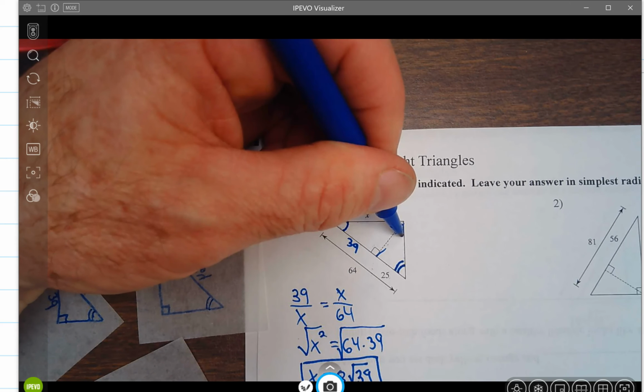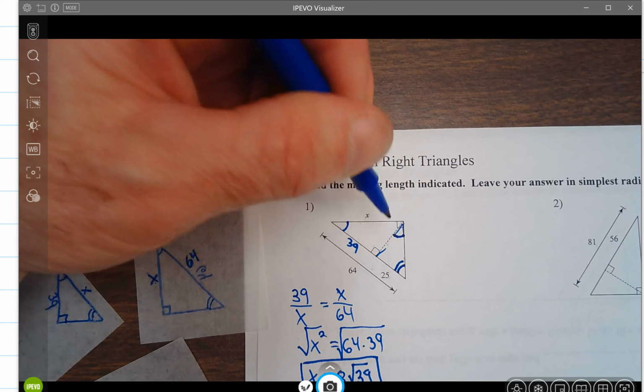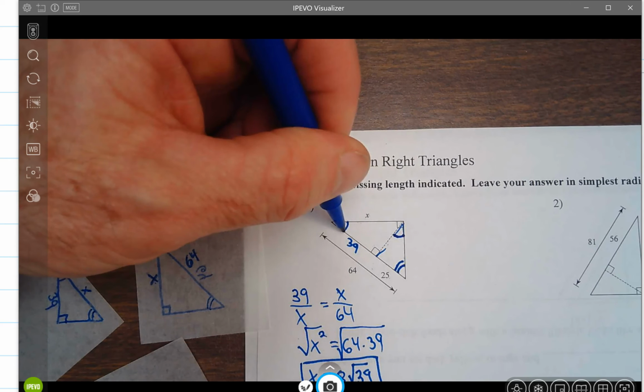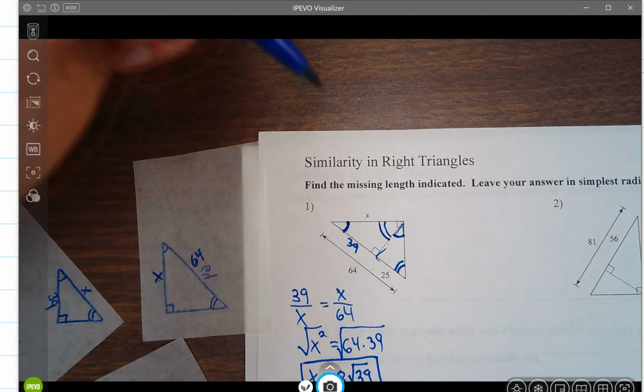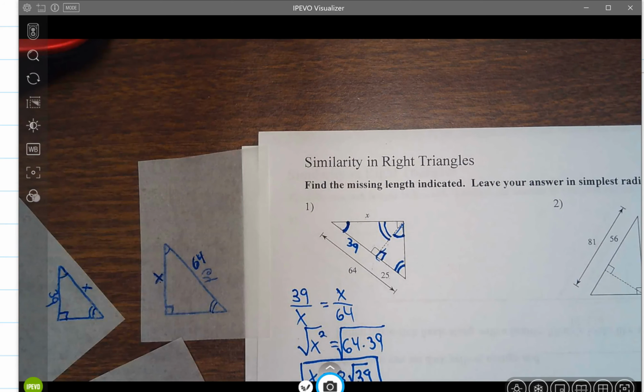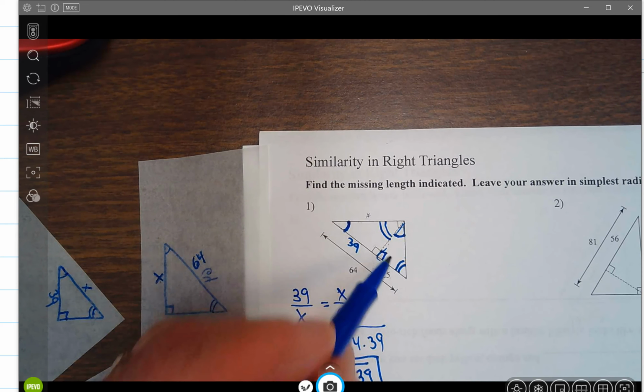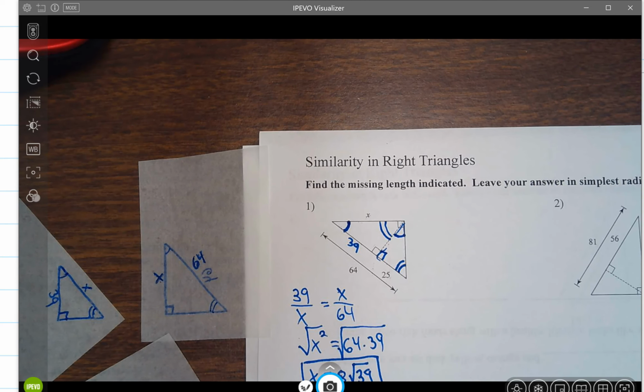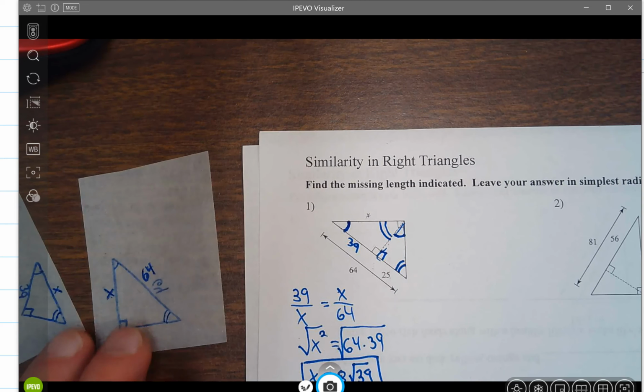And so then this would be the same as this, that's short side, so small angle. And then this one is longer leg, so there's the larger angle. So now I have the three angles marked so you can see in the three different triangles which angles match up. Okay?